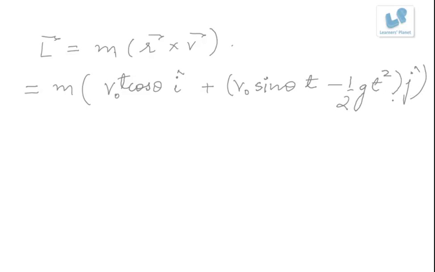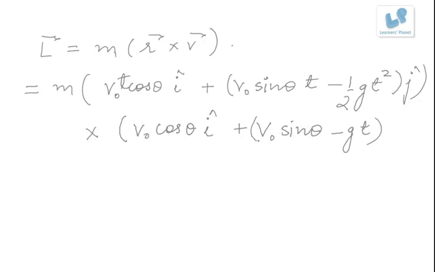This vector is having a cross product with the velocity vector, which is v naught cos theta i cap plus v naught sin theta minus gt j cap.